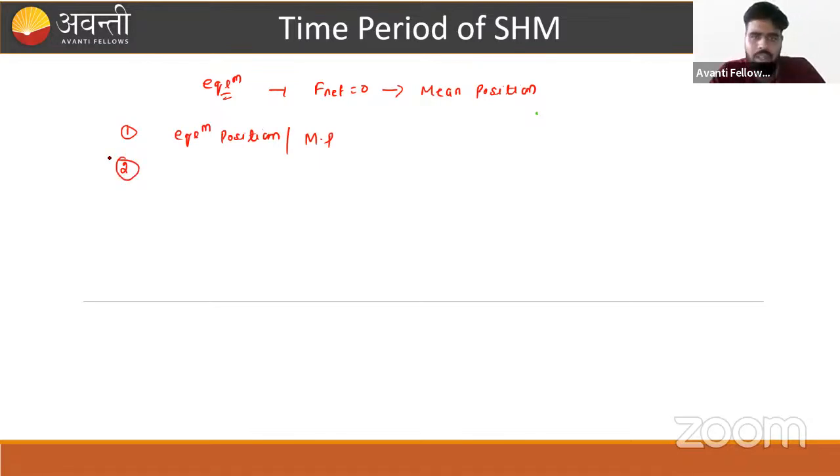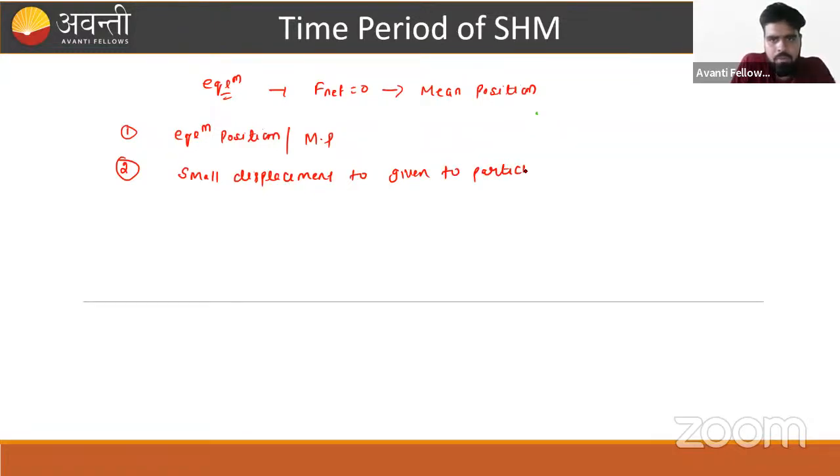Listen carefully. Once you get the equilibrium position, displace your particle slightly from the equilibrium position. So we can say a small displacement is given to the particle from the equilibrium position.